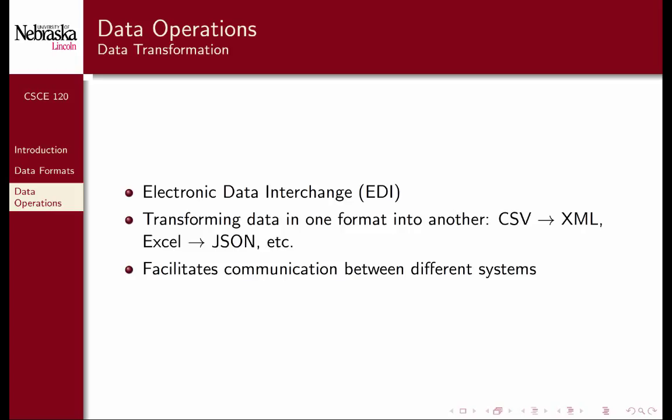For example, transforming the data from a CSV file into XML so that it can be used in a different programming language, or exporting our data from Excel to a JSON format so that it can be used in a JavaScript application. EDI facilitates communication between two different systems, so that one system that's written, say, in Java or a completely different framework can talk to another system that's written in a completely different programming language.